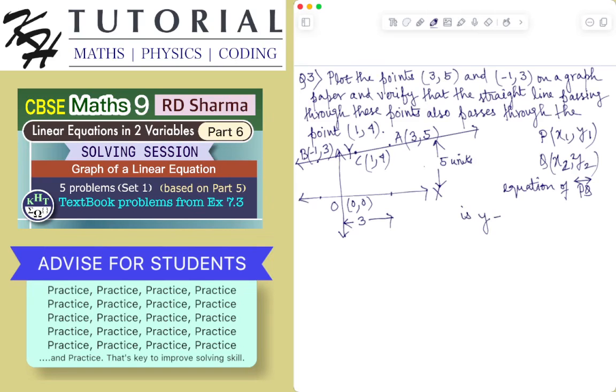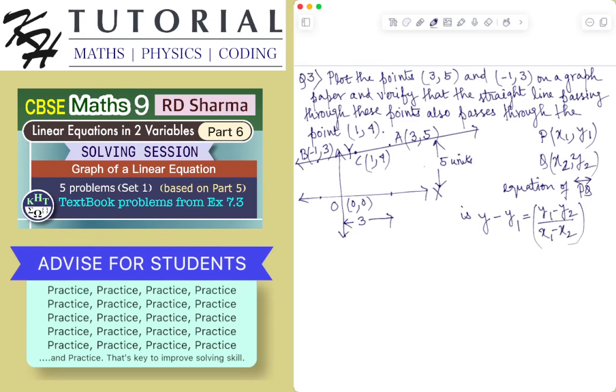I am taking the ordinate of the point P. So y minus y1 equals the difference of the ordinates of the 2 points, that is y1 minus y2, divided by the difference of the abscissas of the 2 points, x1 minus x2.